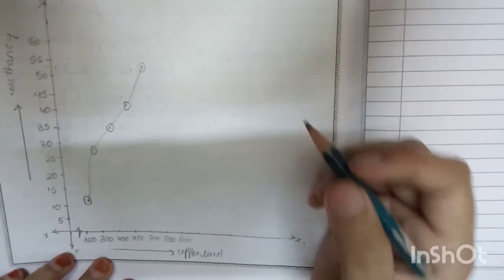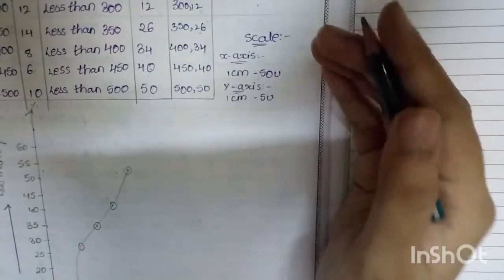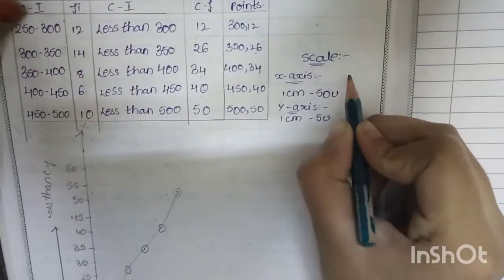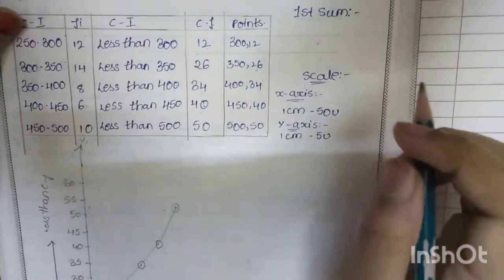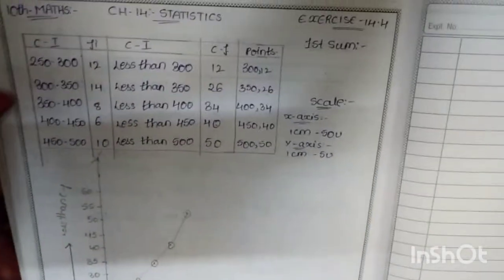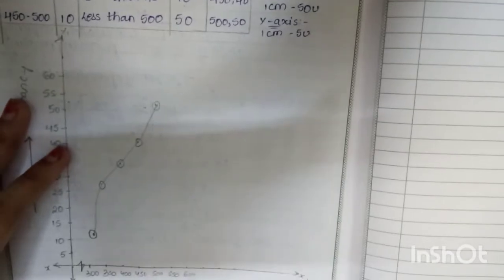So here you have to remember a few important points while drawing the graph. The first one is you have to mention the scale, it is very important. And the next one is you have to write what points you are taking on this side. Now we took these points based on the upper limit of the class intervals, right? So these upper limits of the class intervals have become our points on the x-axis.